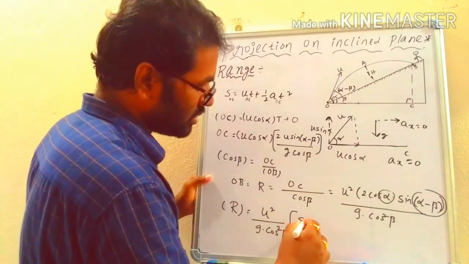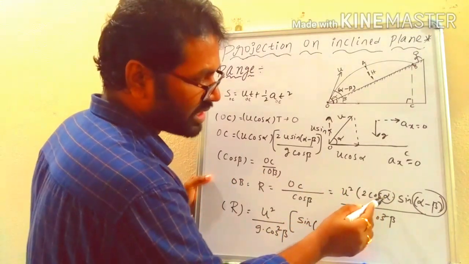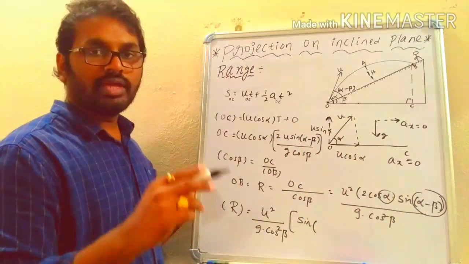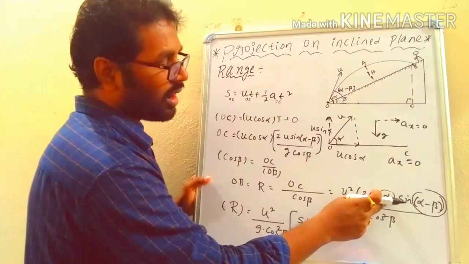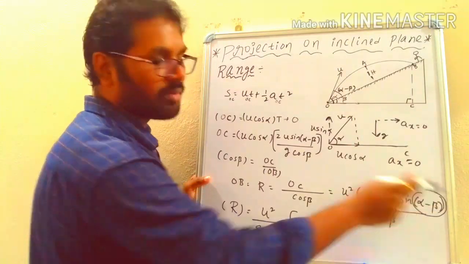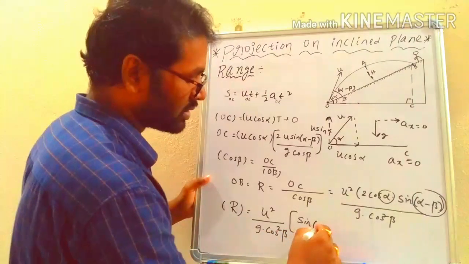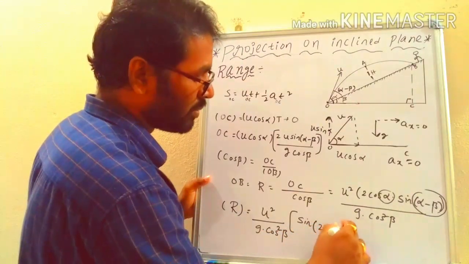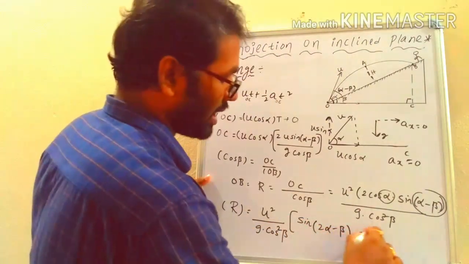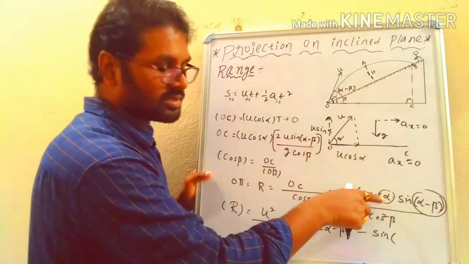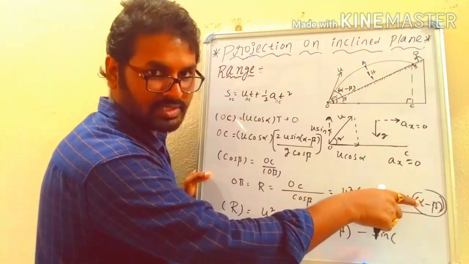So if you take sin A plus B, what is A? Alpha. B is alpha minus beta. So A plus B is nothing but alpha plus alpha minus beta. How much? 2 alpha minus beta. You can write here sin of 2 alpha minus beta minus sin A minus B. A is alpha, B is alpha minus beta.